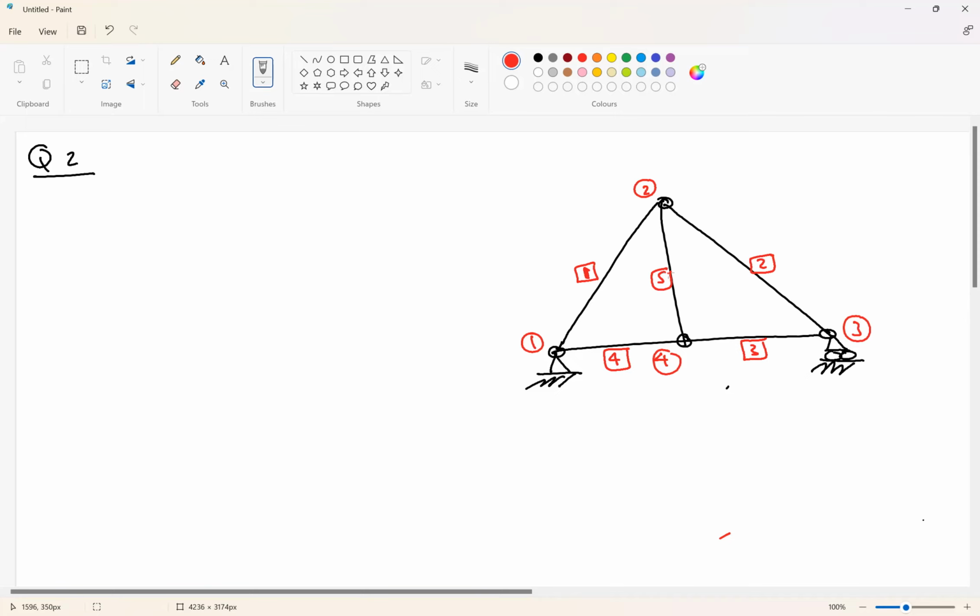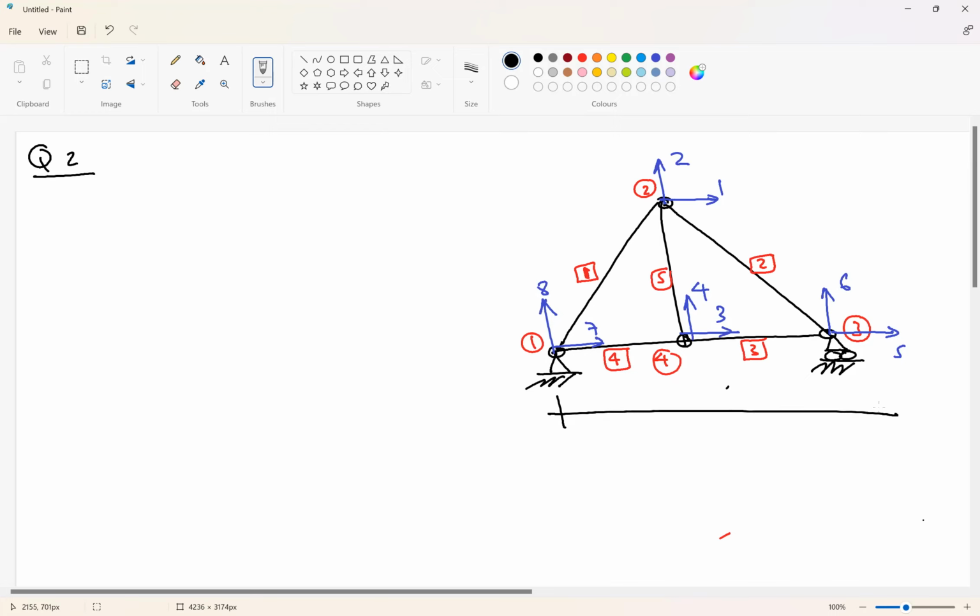Okay. These are the degrees of freedom we have. How many degrees of freedom? We have 4 nodes, so we have 8 degrees of freedom: 1, 2, 3, 4, 5, 6, 7, 8.